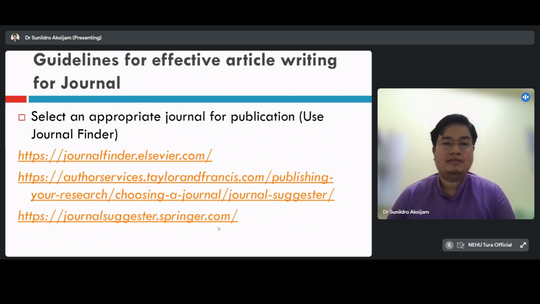So for that purpose, some of the reputed publishers have come out with a solution in the form of a journal finder. Means these are journal finder platforms or websites introduced by reputed publishers all over the world.